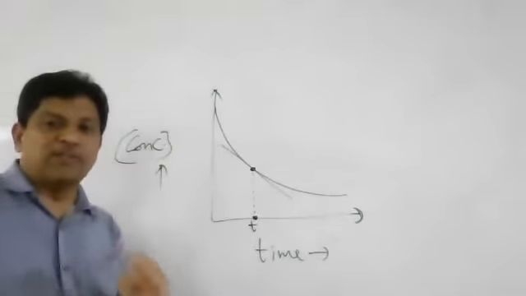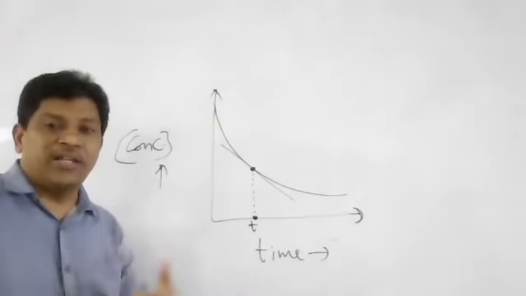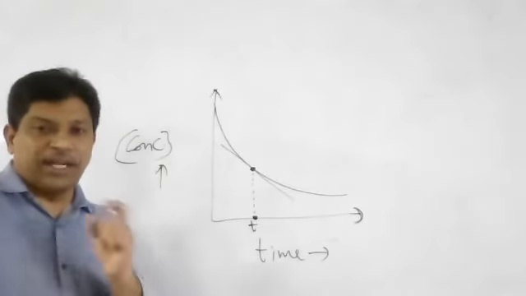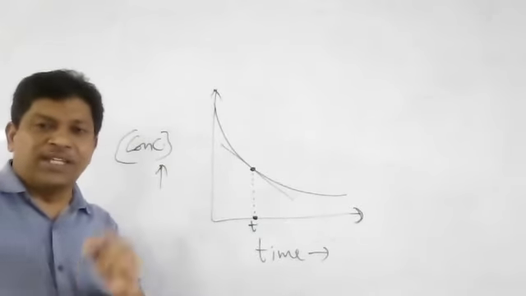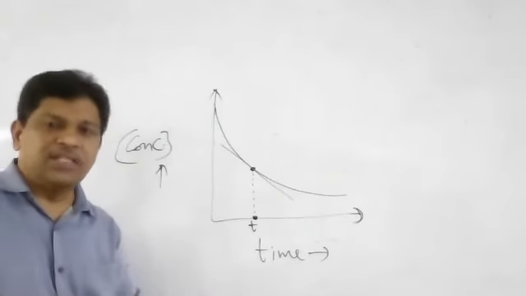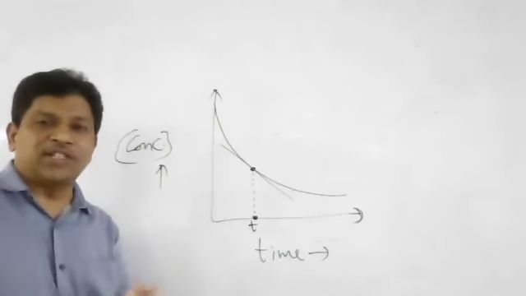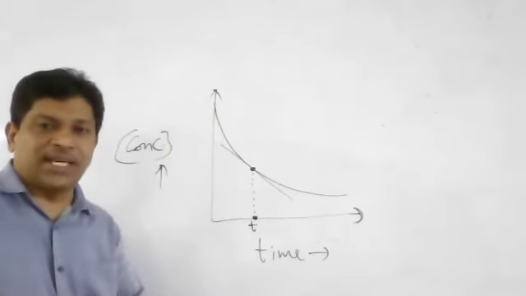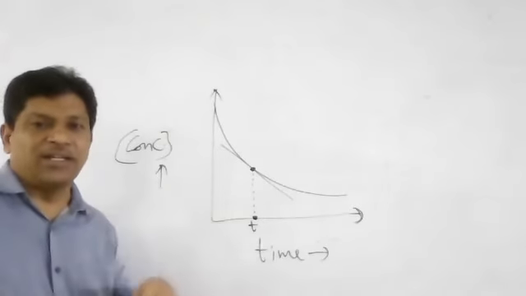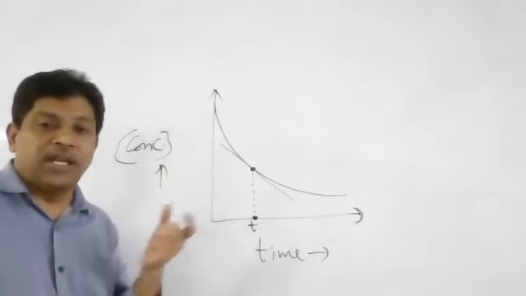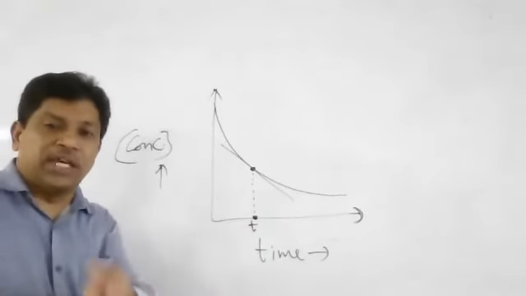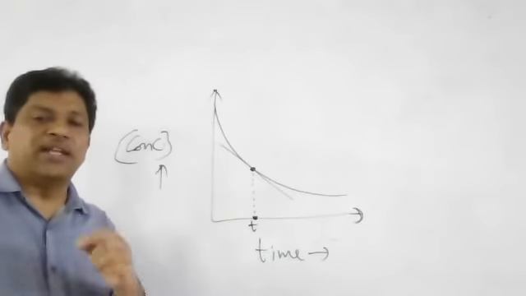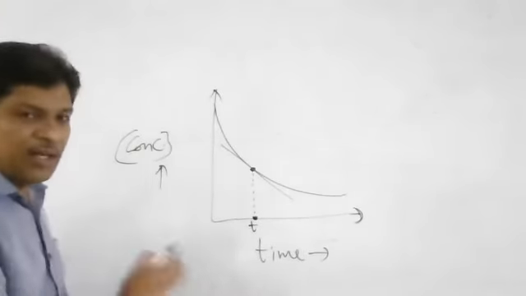This negative slope gives the instantaneous rate of reaction. The rate of reaction can be measured in terms of decrease in concentration of reactant or increase in concentration of product. In terms of reactant, we are getting a negative slope, and the negative slope value gives the instantaneous rate of reaction.